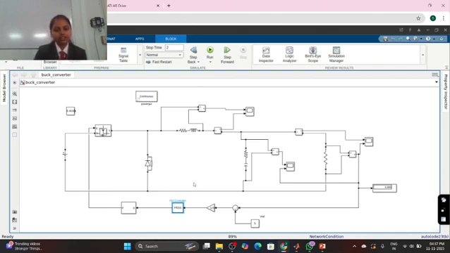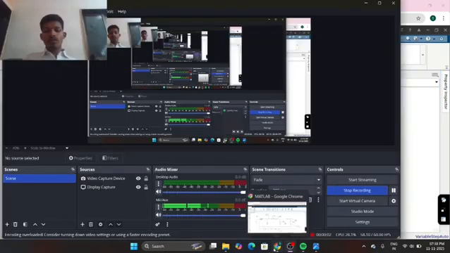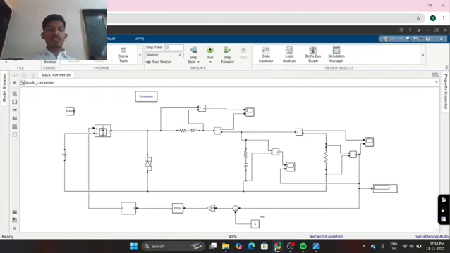Next, the waveform and output will be explained by Sairaj. Hello, I am Sairaj Nikam. I am explaining the output and waveform of the simulation, and the results and discussion. This is our simulation and this is the waveform after running it.